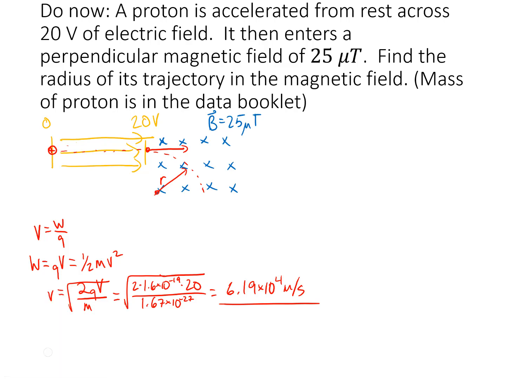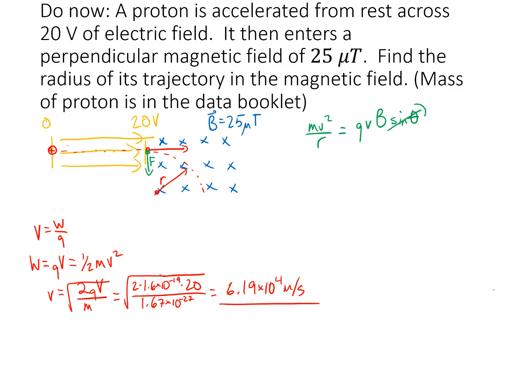Then since we're entering a perpendicular magnetic field, we're going to get some circular motion with a force pointing towards the center. Let's just set up the equation. mv squared over r is equal to our magnetic force, which is just qvB, with v lowercase because it's velocity, times sine of theta. But we're perpendicular to our magnetic field, so that sine of theta is just equal to 1.